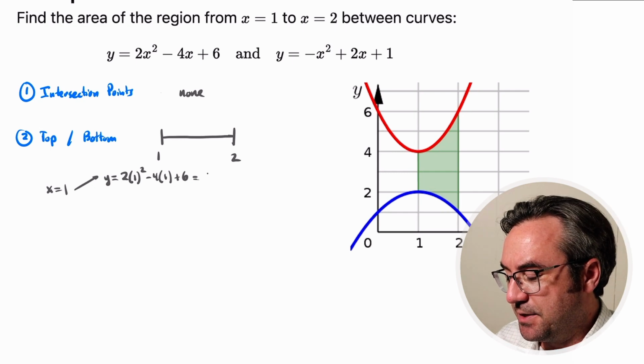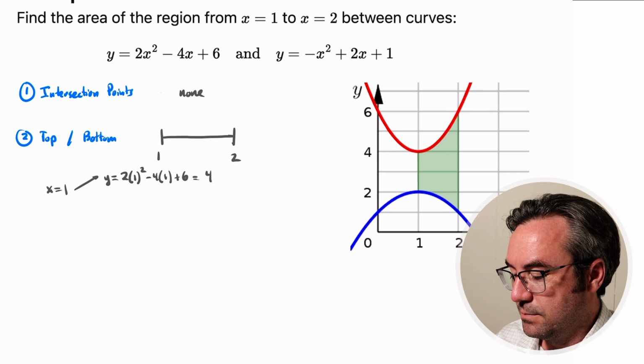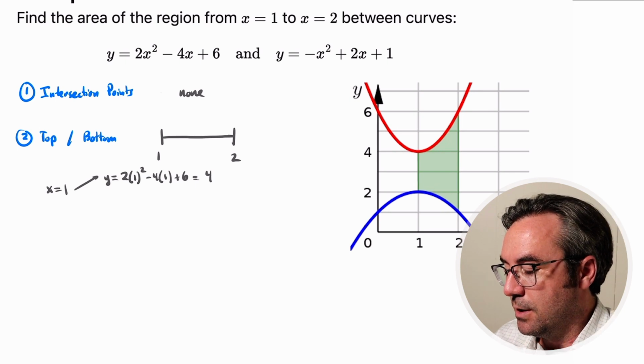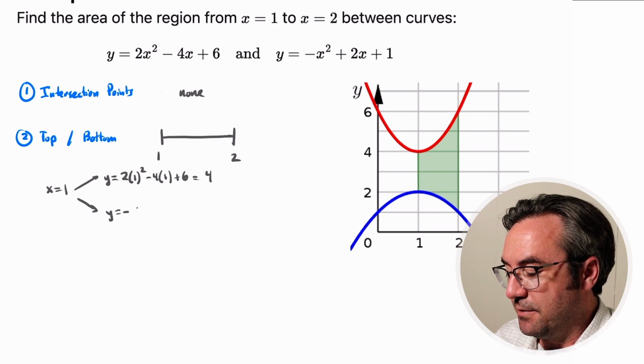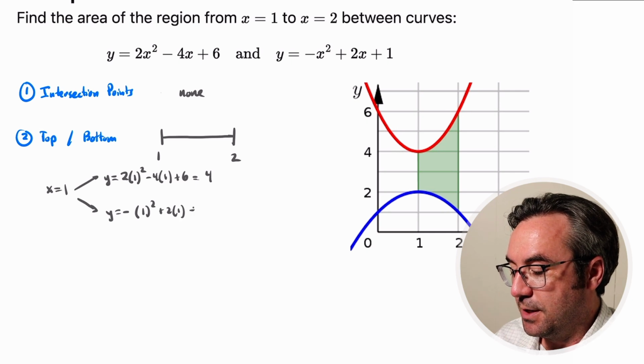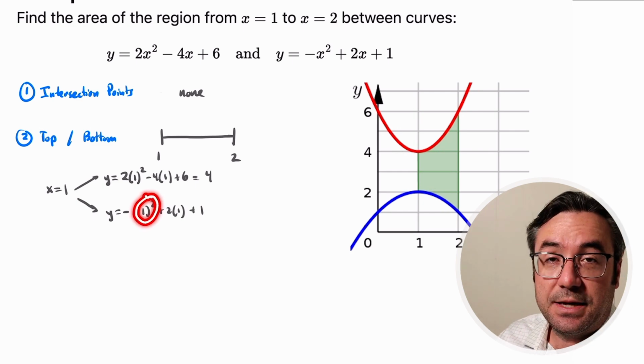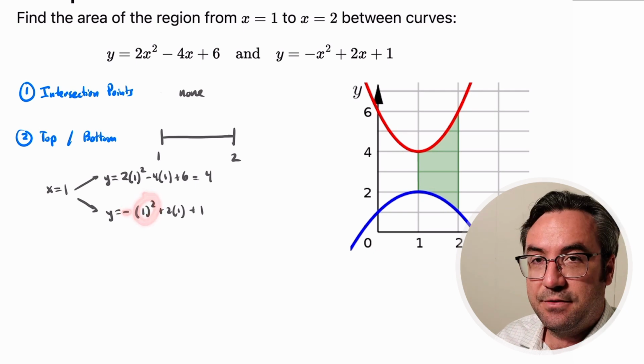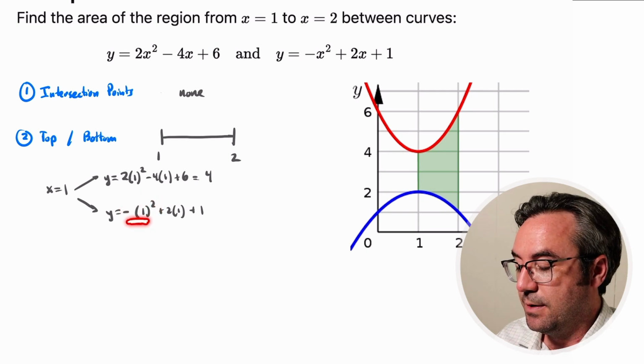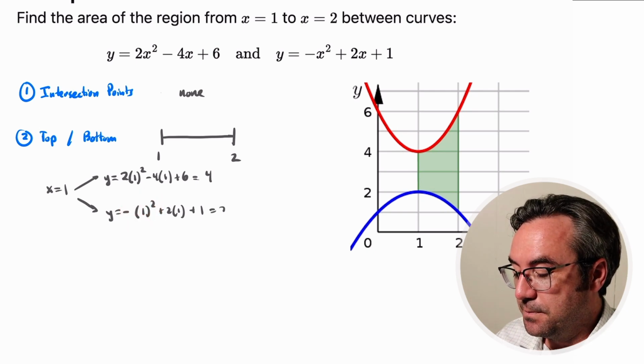So that is 4. Yep. Now, what about if we plug that into the other function? Well, we end up with negative 1 squared plus 2 times 1 plus 1. And if we square the 1 first, we get positive 1. But then we have this negative in front, so this is negative 1. And that ends up being 2.